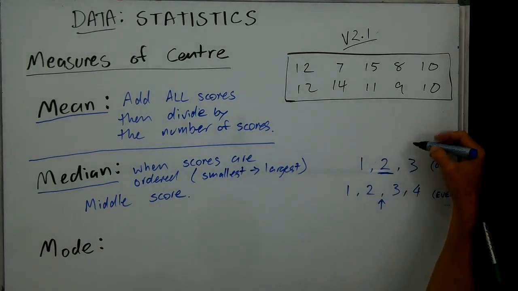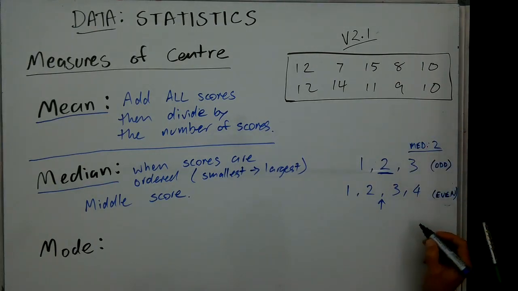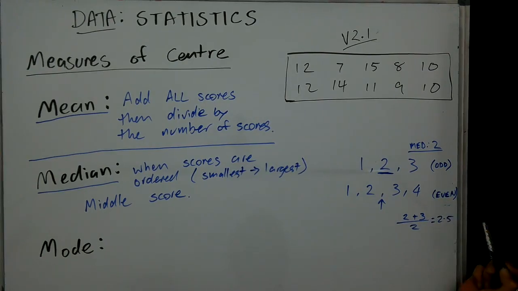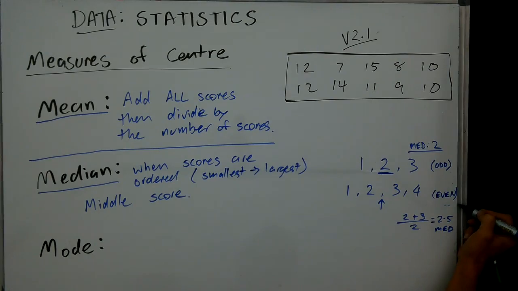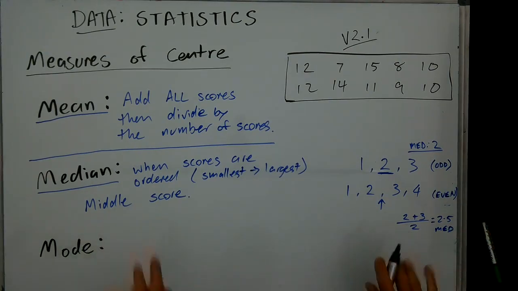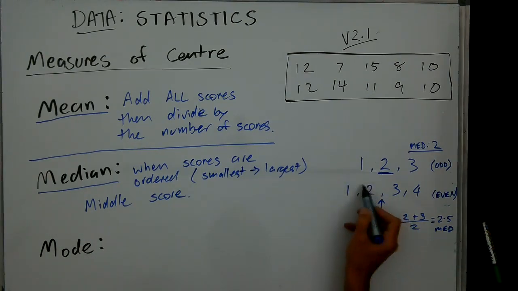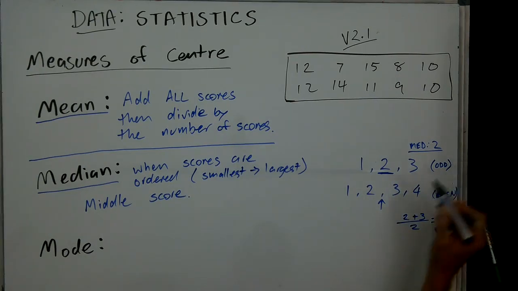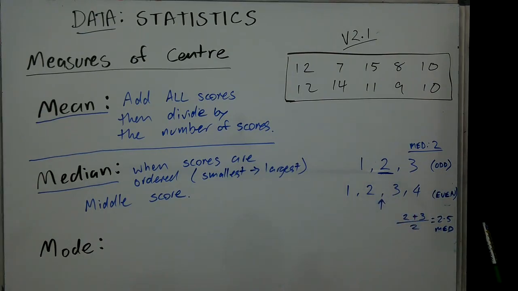In the top case, the median is 2. In this case, we've got to go 2 plus 3 divided by 2 equals 2.5. That is the case where we have an even number of things, because right in the middle we'll have the same amount of things on each side. But when we've got an odd number of things, there will be one leftover thing in the middle.